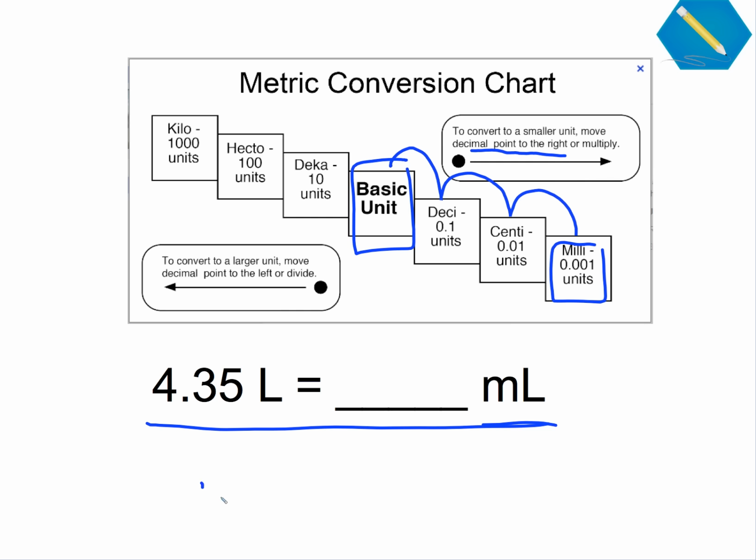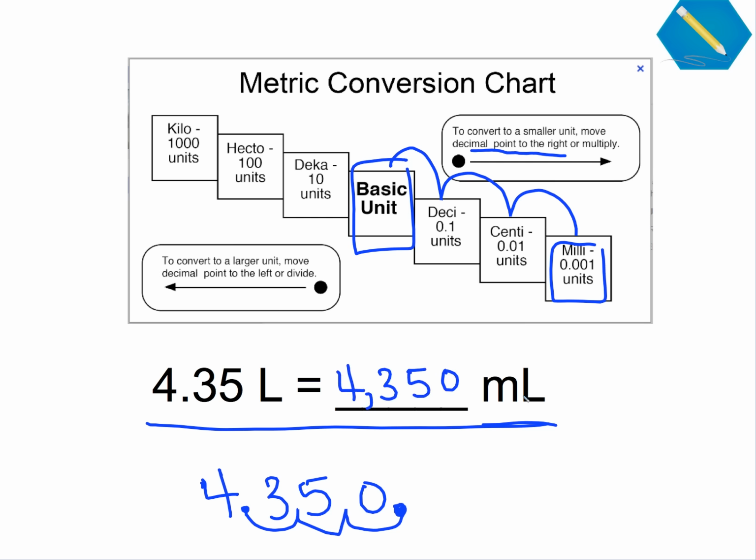So I have 4.35, and I'm moving my decimal point 1, 2, 3 spaces, so it'll now be here. So it's 4,350 milliliters.